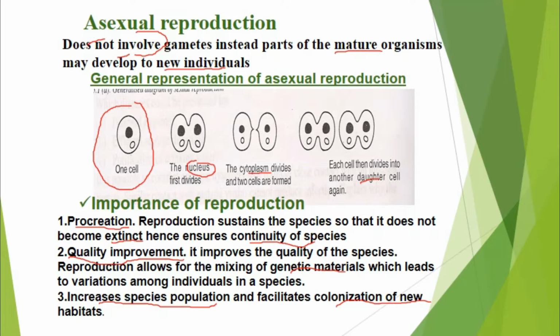Another importance of reproduction is quality improvement. That is, it improves the quality of the species through mixing of genetic materials that leads to variation among individuals in a species. Another one is that it increases species population.